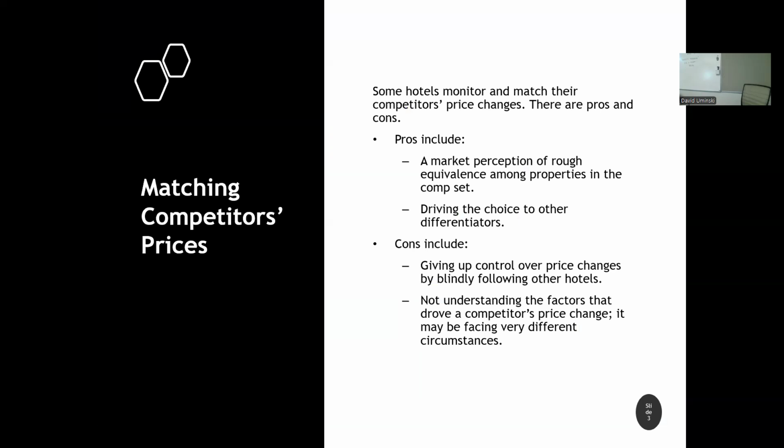When we look at just simply matching, okay, so I'm at 175. Alondra's at 150. Anna Marie's at 125. And Soraya, you're at 135. If I just lower my rate to meet Anna Marie's 125, why is that a problem?